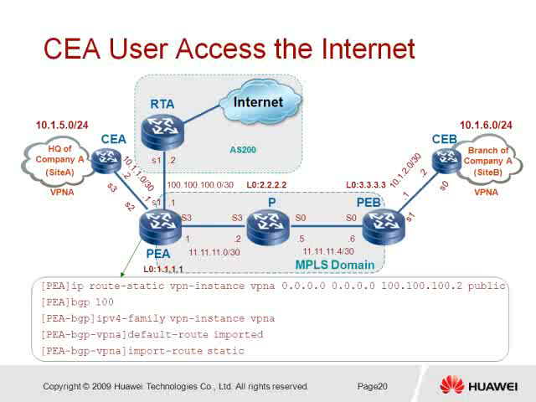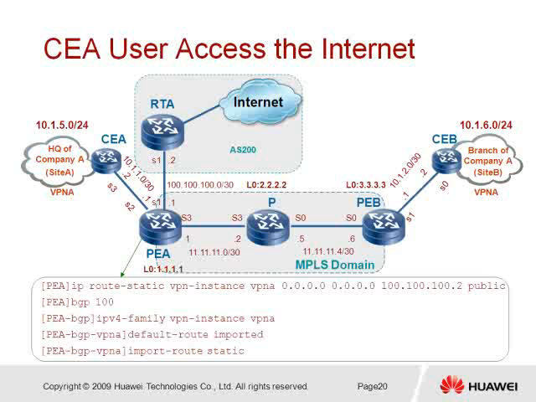The first command, ip route-static vpn-instance VPNA 0.0.0.0 0.0.0.0 100.100.100.2 public, is used to configure the default route from the VPN user to the Internet, whose next hop is the public address 100.100.100.2.